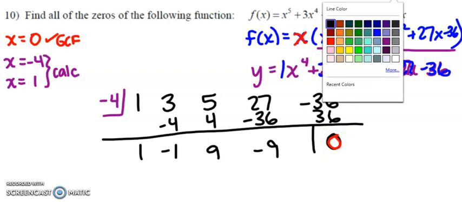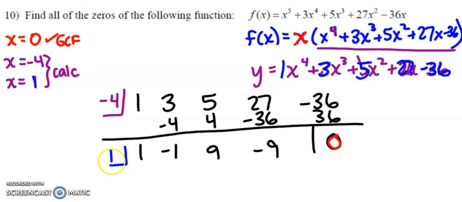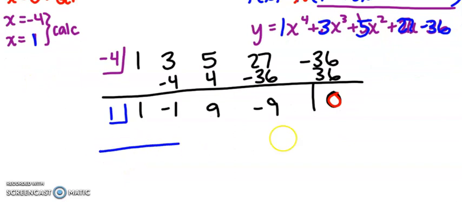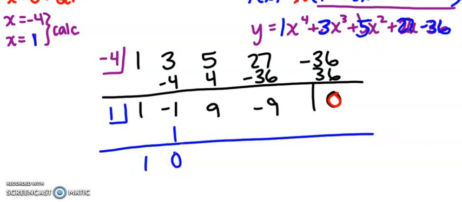So then, right now I'm at the cubic level. So now I'm going to divide out by this 1. And I continue my synthetic, bring down the 1. 1 times 1 is 1. 0, 1 times 0 is 0. 9, 1 times 9 is 9. This becomes 0, as it should, because we knew that 1 was a 0.